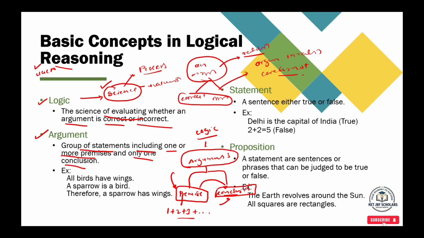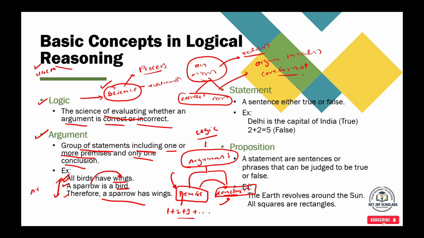As you can see here, there are 3 statements, and this is an argument. All birds have wings. A sparrow is a bird, therefore a sparrow has wings. First he is saying all birds have wings. A sparrow is a bird. So being a bird, the sparrow must have wings.